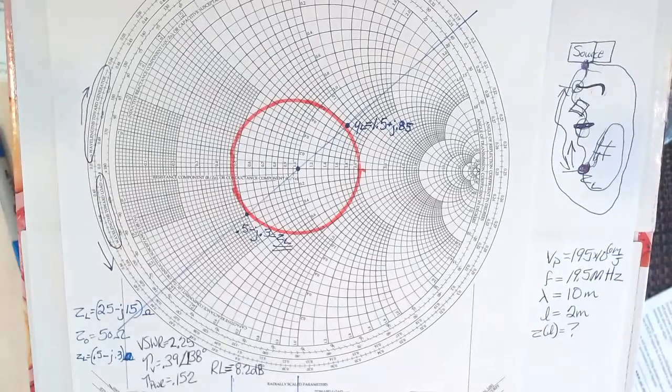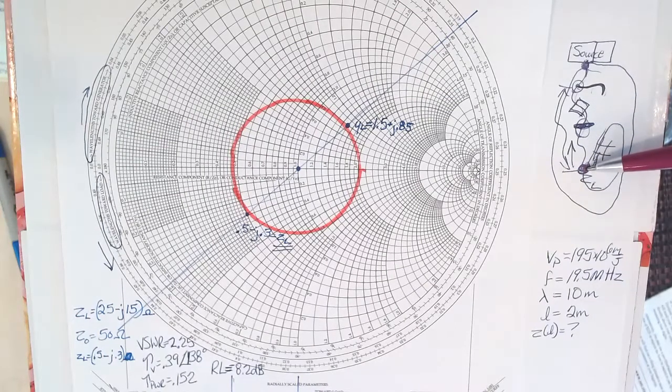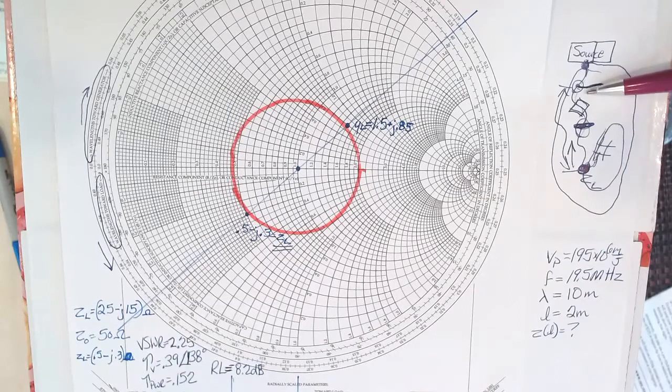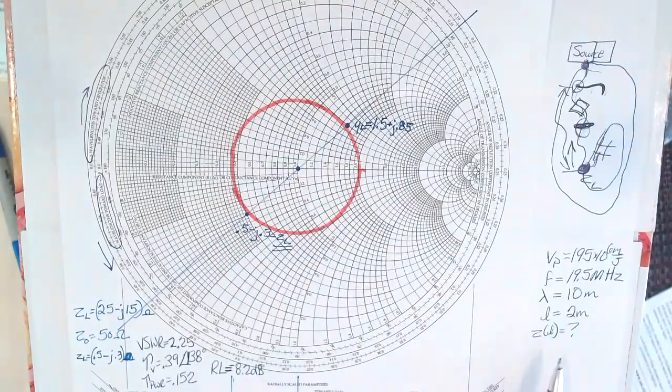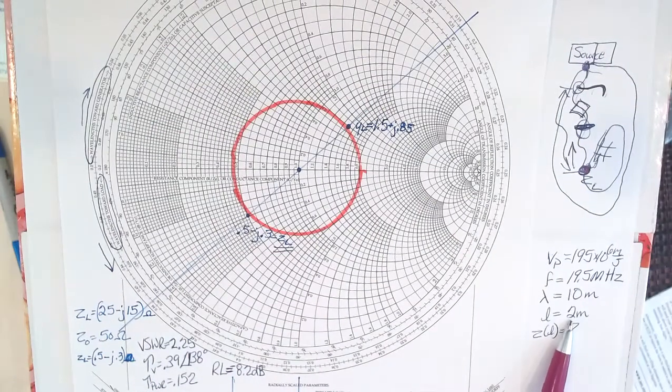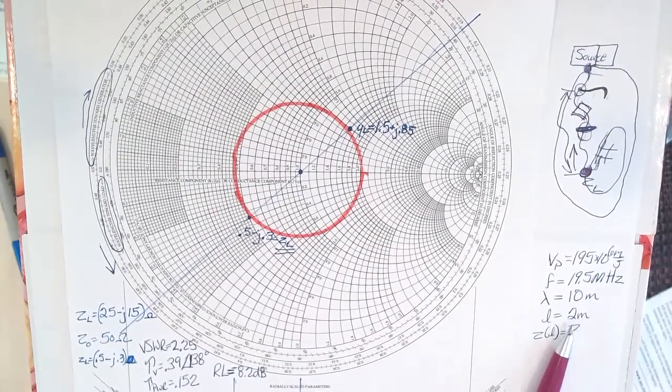Does everybody see that on the Smith chart that you already have? I think I've sent them all out to you. So which way am I going? Well, I'm going toward the generator from the load. At this point right here, I'm going back toward the generator. So I want to go toward the generator 2/10 of a wavelength.